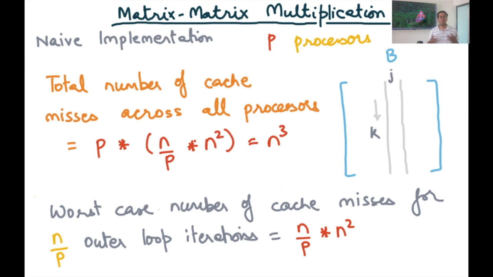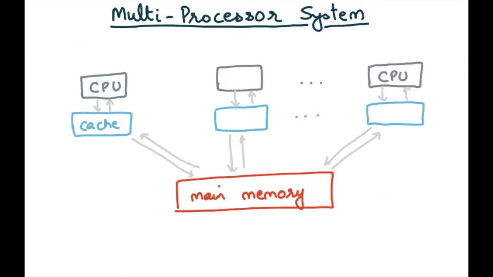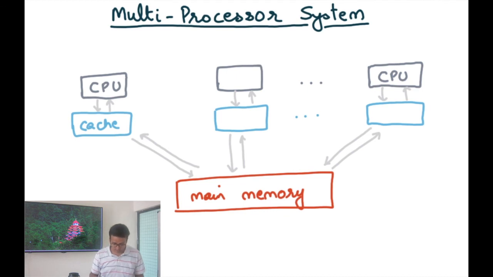You may say, oh, but these cache misses are going to be served in parallel, and that's largely true. However, recall that the architecture of the hardware is a little bit more complex, and there is a single main memory that has many memory banks, so there is some parallelism. But at the end of the day, all these cache misses are going to come to the main memory. And so we are limited by the parallelism in the main memory and not the parallelism in the CPU.